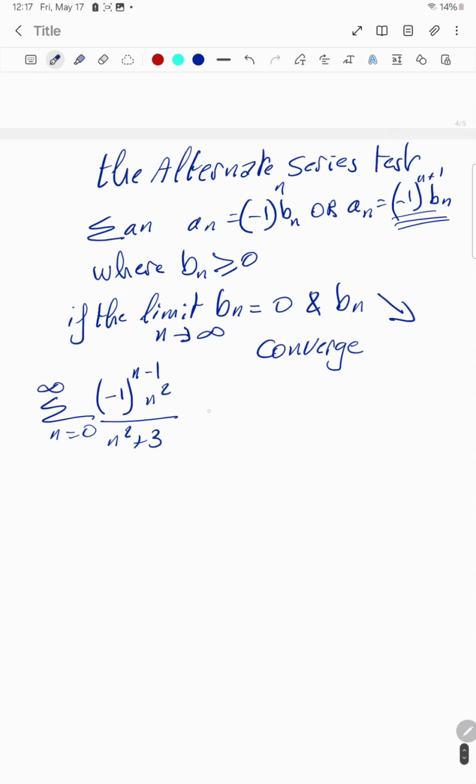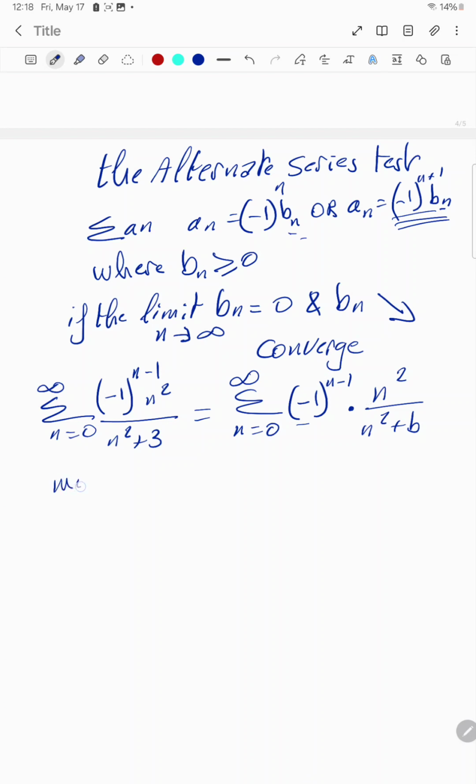So I can write this series as the sum n equal 0 to infinity of (-1) to the power of n minus 1 times n square divided by n square plus b. So I can have my b_n now, because this is (-1) to the power of n plus 1 or n minus 1, and this is my b_n. So my b_n is equal to n square divided by n square plus b.